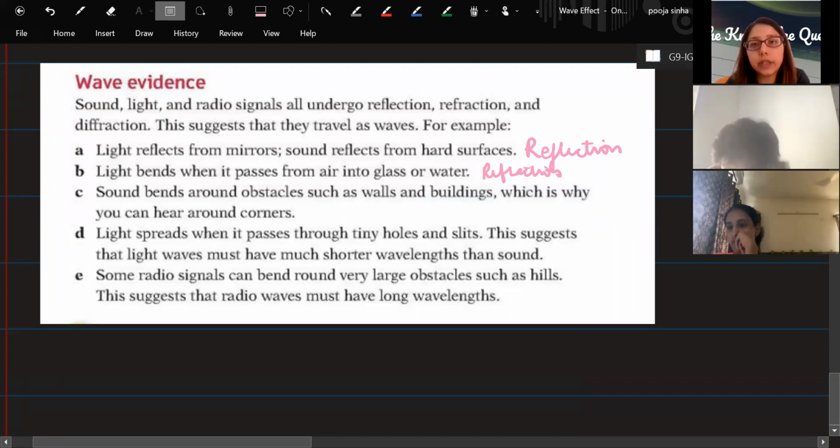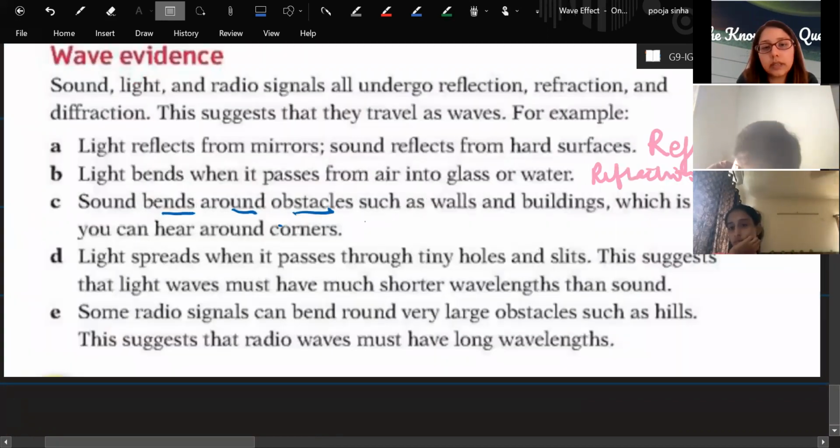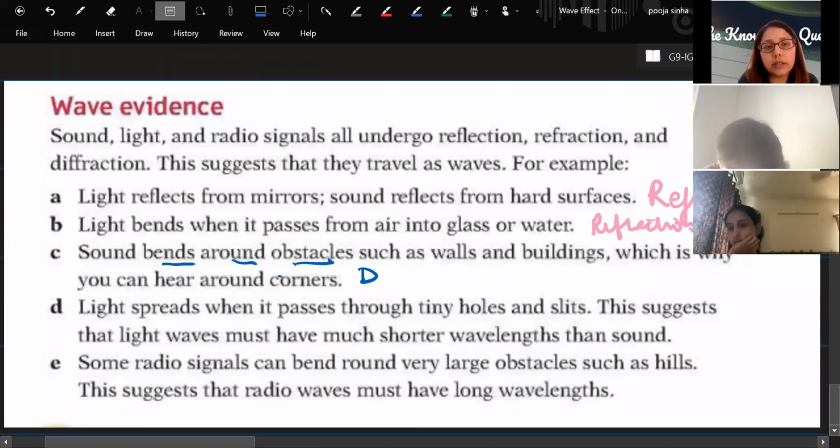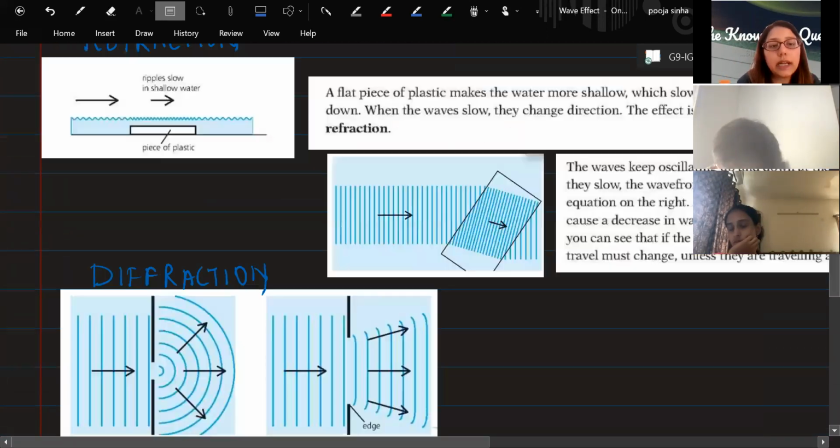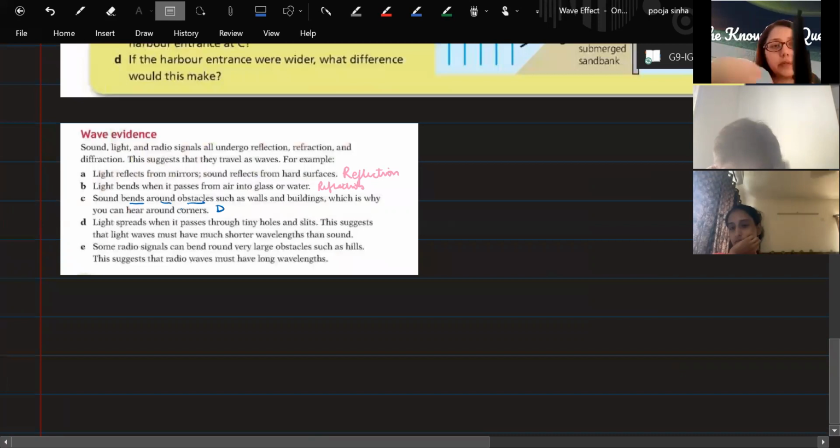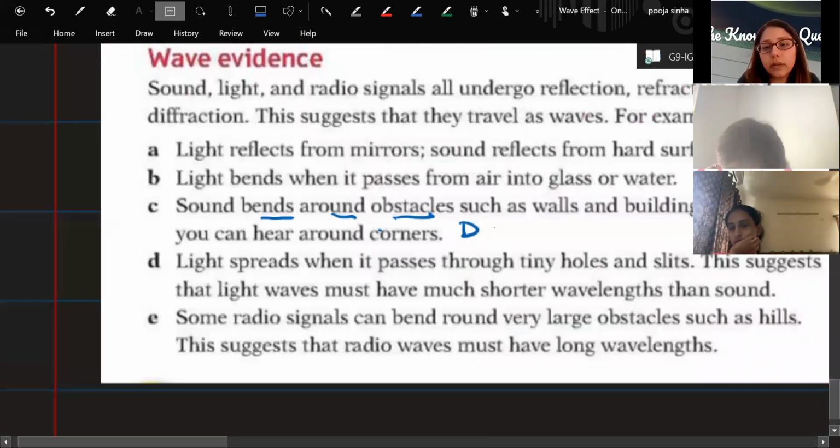Sound can only do diffraction. So bending means bending around obstacles. Then what is it? That is diffraction. This phenomenon which we just learned. Right. Got it now?